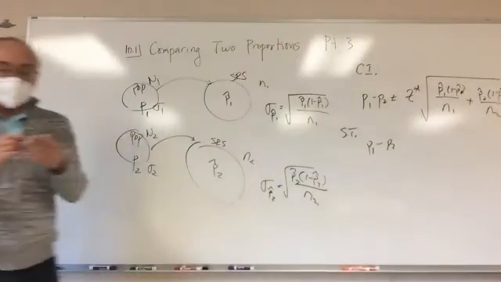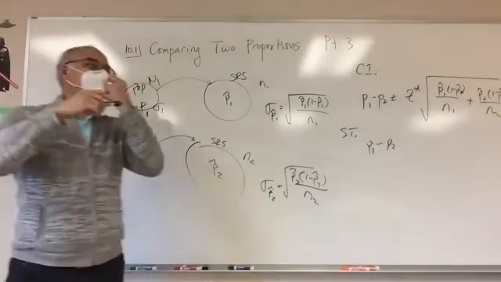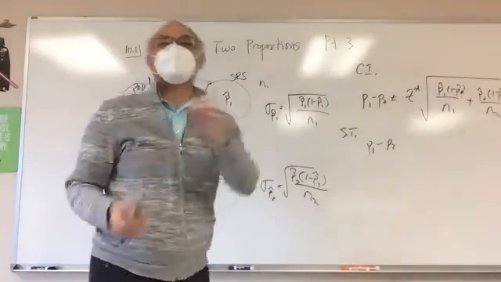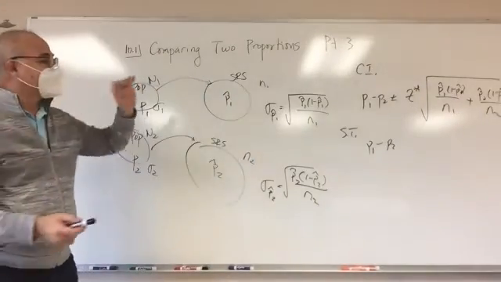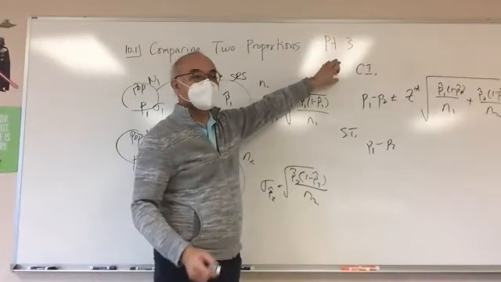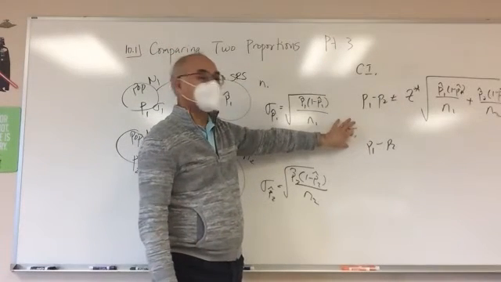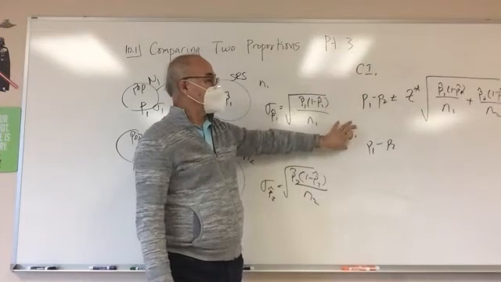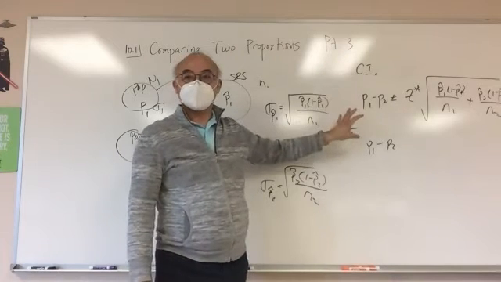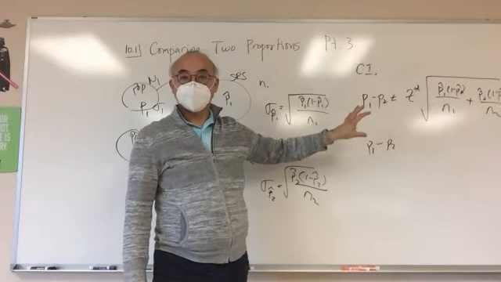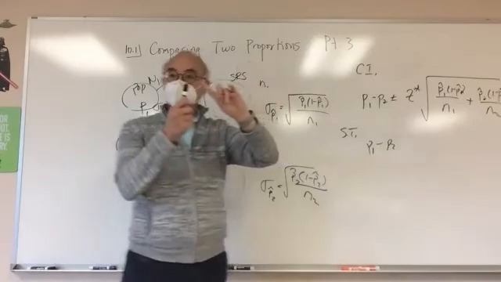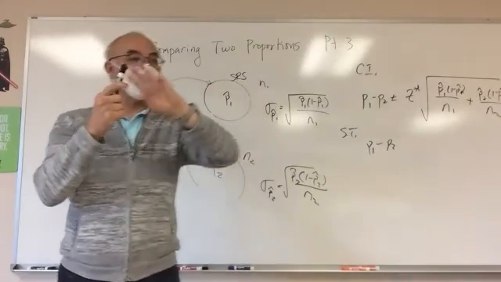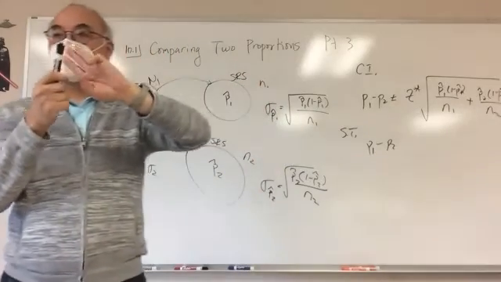So if you think about our proportions back when we had single proportions, remember the confidence interval and the significance testing, the prerequisites were the same. It's still the SRS, less than 10%, and the large counts. Same thing.